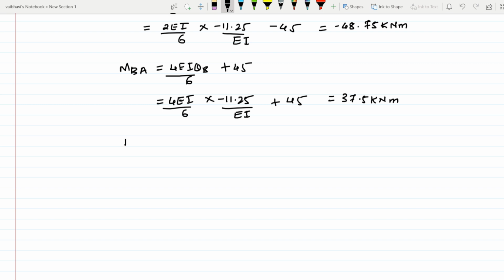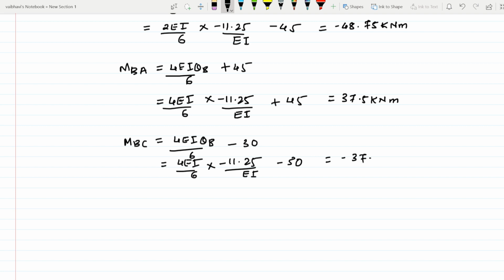Next is MBC is equal to 4EI theta B by 6 minus 30, which is equal to 4EI by 6. Theta B value is minus 11.25 by EI minus 30, which is equal to minus 37.5 kilonewton meter.